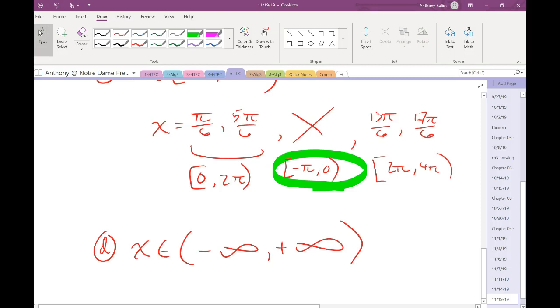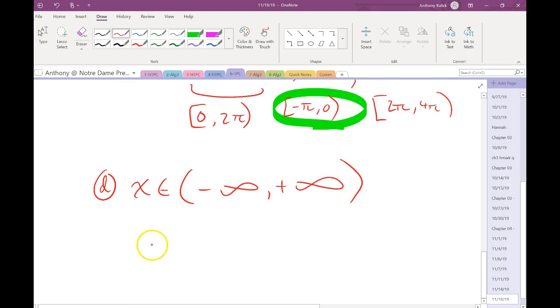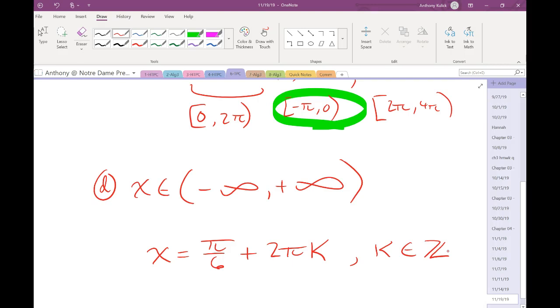Everybody agree with that? So how do I write that symbolically? That's how we're going to do it. We're going to say x is equal to pi over 6 plus 2 pi k, where k is just some integer.